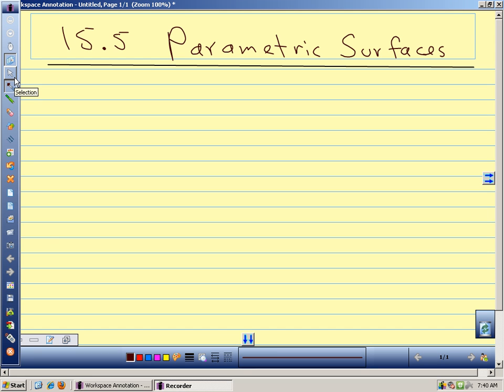All right, so we've worked with parametric equations of curves, both as parametric equations and with vector valued functions. So we're going to do a similar thing with surfaces.